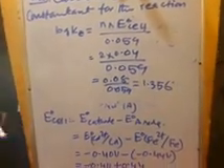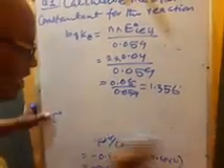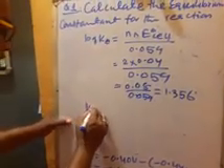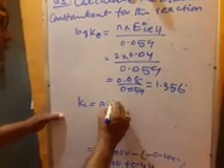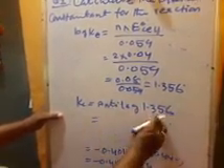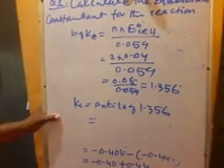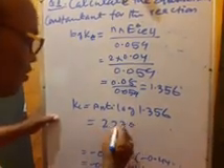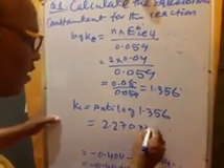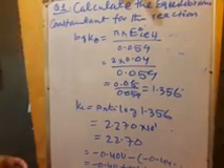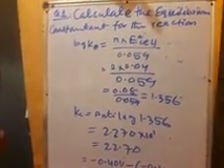This is the value of log Kc. Then what is Kc? Kc is the antilog of 1.356. You can see the value of antilog of 0.356 is 2.270, and with 10 to the power 1, that is equal to 22.70. In this way you can calculate the equilibrium constant of a cell.